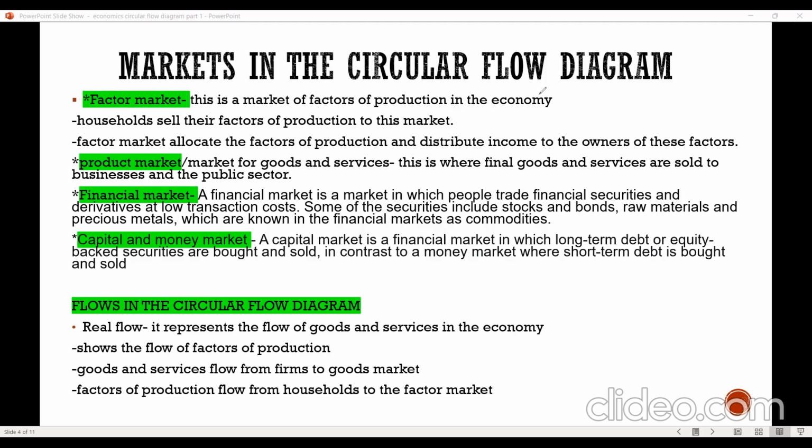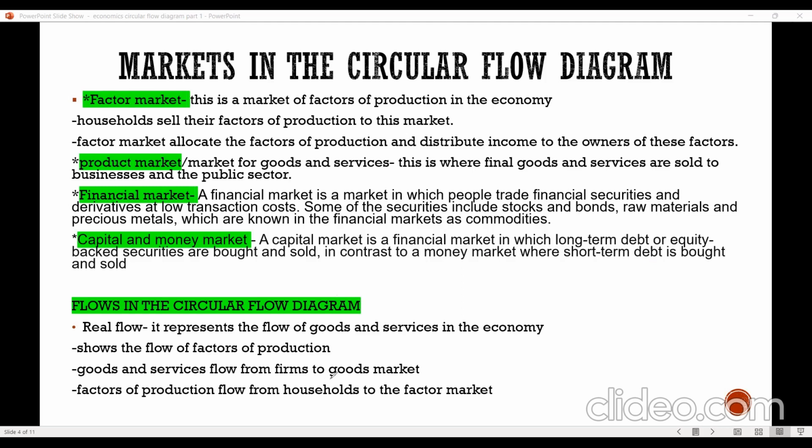An example: goods and services flow from firms to the goods market. Remember, firms are participants. The goods market is the product market, so do not get confused here.